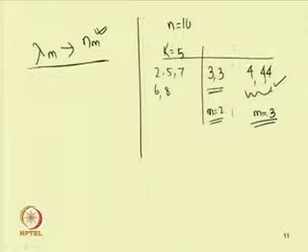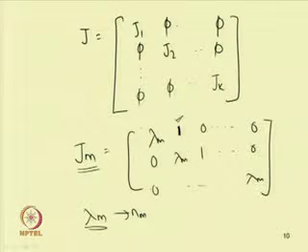So, we have k distinct eigenvalues, and in addition some other eigenvalues which have repeated roots. The matrix J m corresponding to the eigenvalue lambda m differs from the distinct eigenvalue case because we have this entry 1 just above the diagonal term.